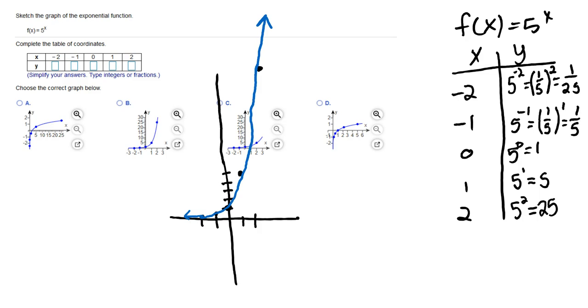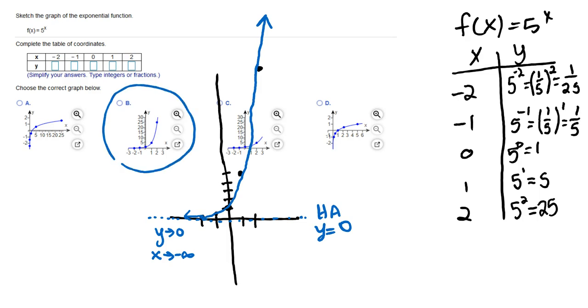So our y is getting closer to 0. Y is approaching 0 as x is approaching negative infinity. That's going to give us what we call a horizontal asymptote, along that x-axis, y equals 0. So that looks like answer choice B to me.